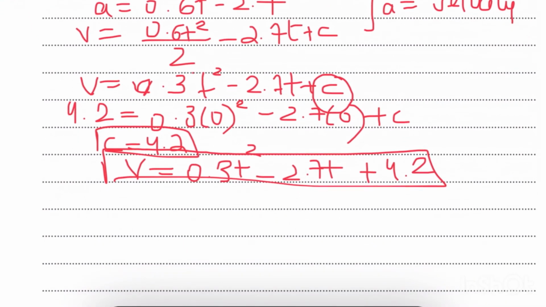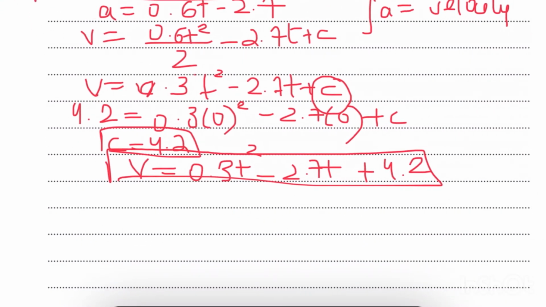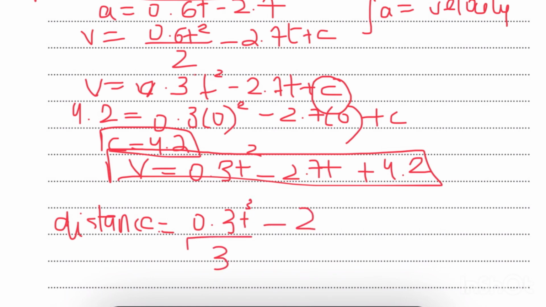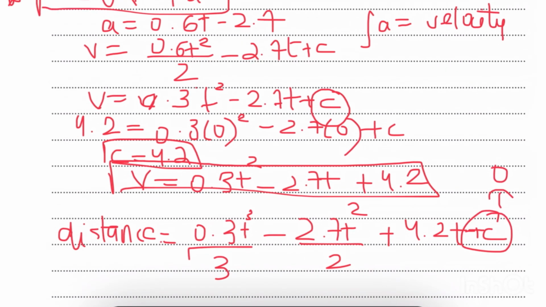Now again, we need to integrate the velocity to get the distance. So distance is equal to 0.3t cubed divided by 3 minus 2.7t squared divided by 2 plus 4.2t plus c. In this case, I can already tell you that this c is equal to 0 because this is displacement.